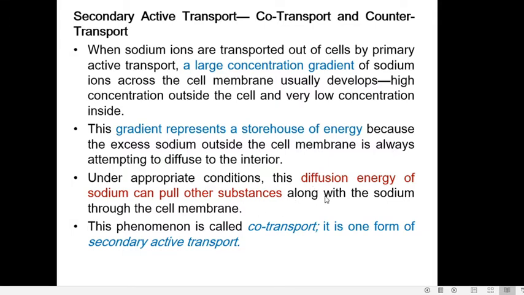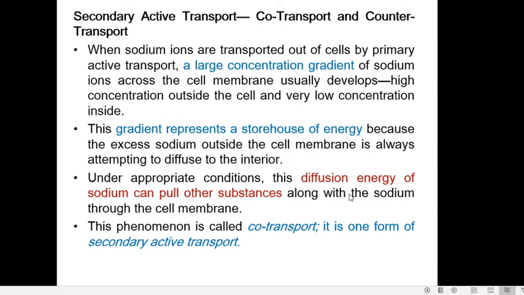If conditions are proper, these sodium ions which start diffusing into the cell interior can also pull other substances along with them. So the diffusion energy of sodium will pull other substances along with sodium through the cell membrane.